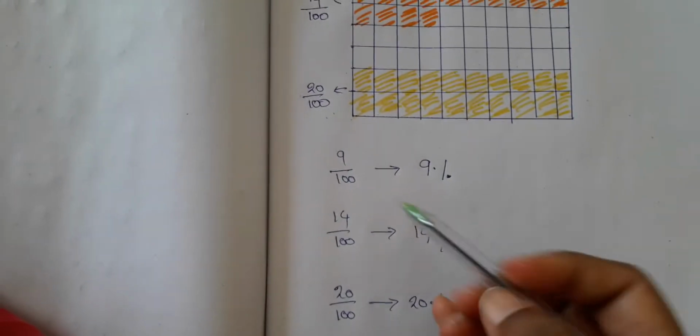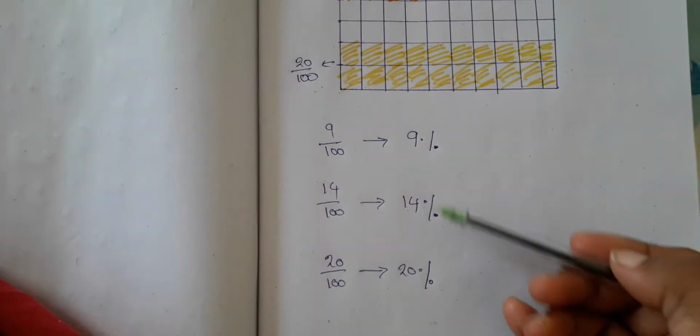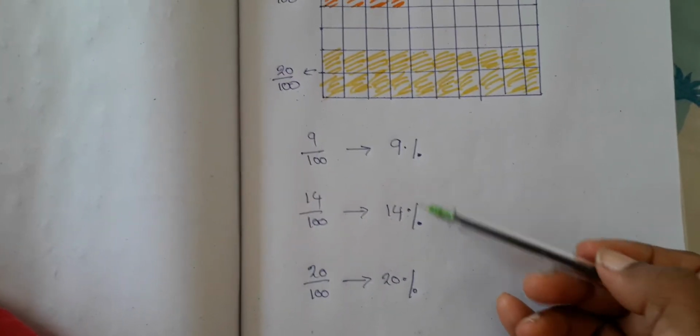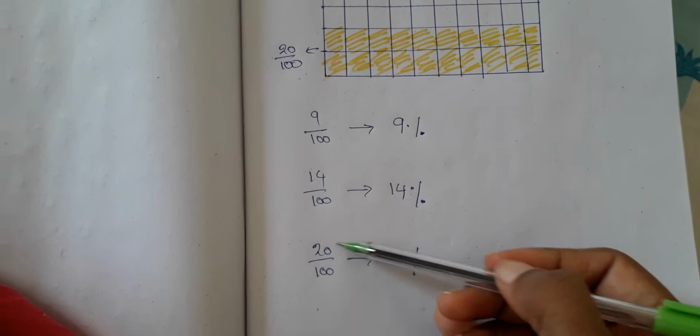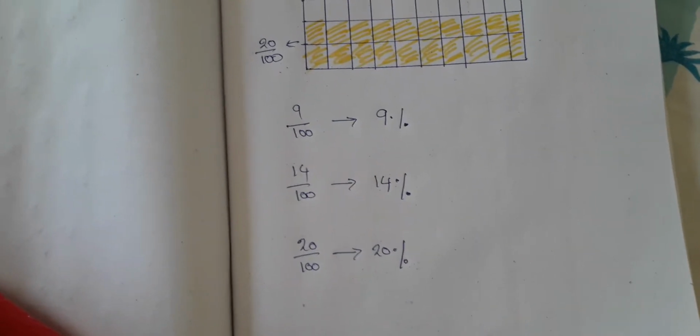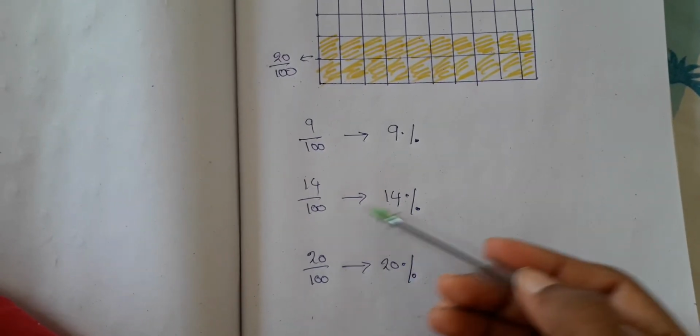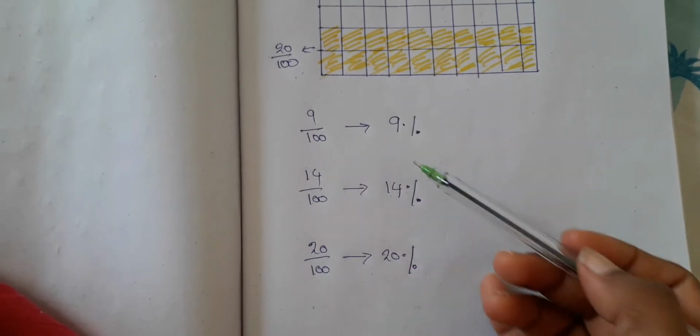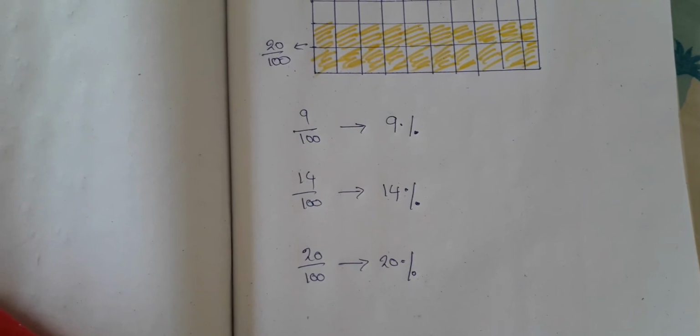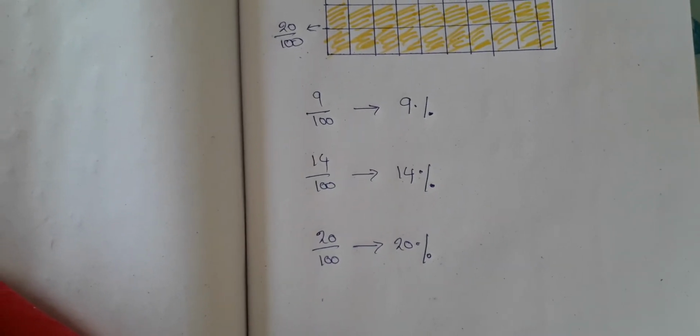Instead of writing 20 by 100, you can say it to be 20%. So now did you understand the concept of percent?